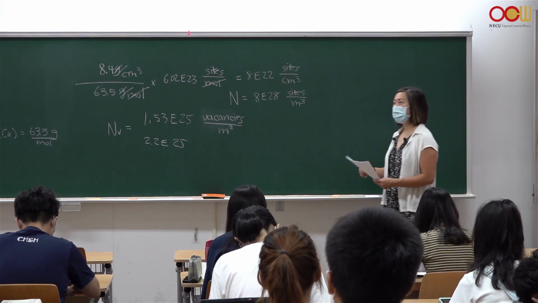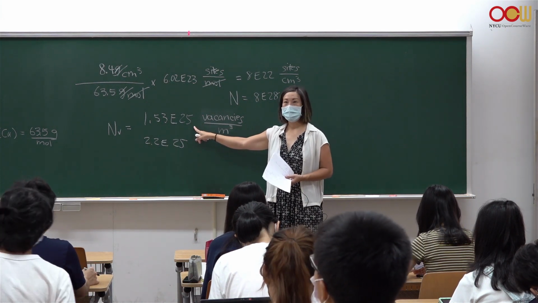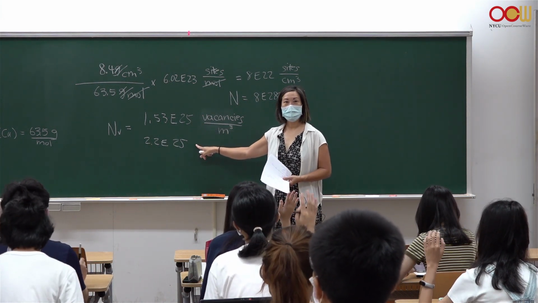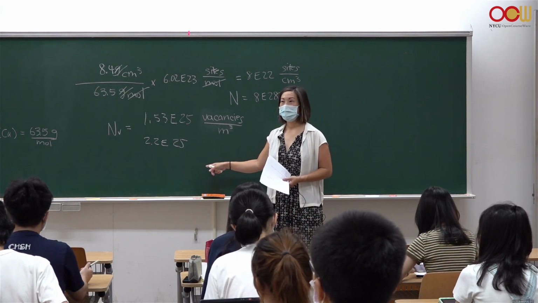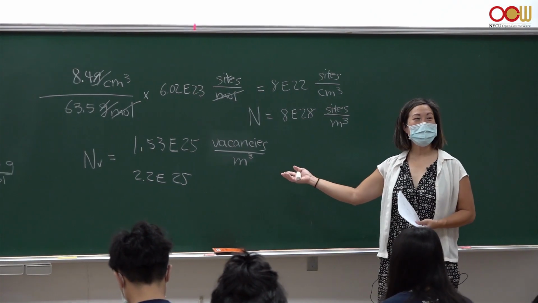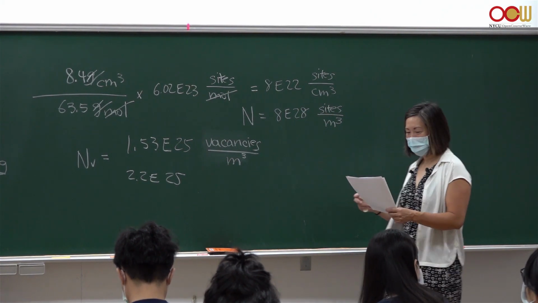So I could take another poll. How many of you got this? How many of you got this one? More of you? And then anyone get a different number? Okay, so any questions about how to do this kind of calculation? All right.